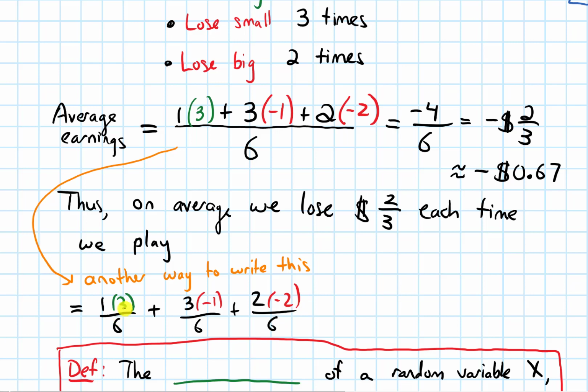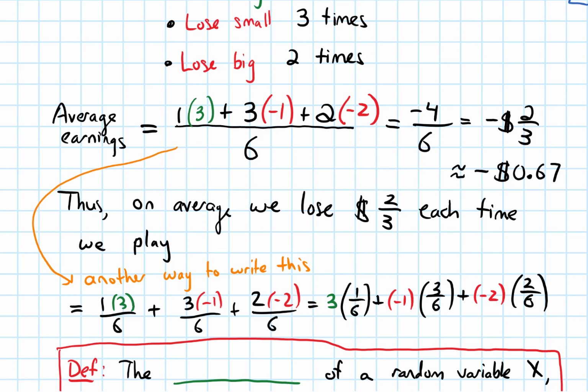So to split it up into the sum of 3 fractions. And then we could rewrite this a little bit by putting the 3 in front. So 3 times a sixth, and add that to putting the negative 1 in front and multiplying that by 3 over 6. And then adding that to putting the negative 2 in front and multiplying that by 2 over 6.